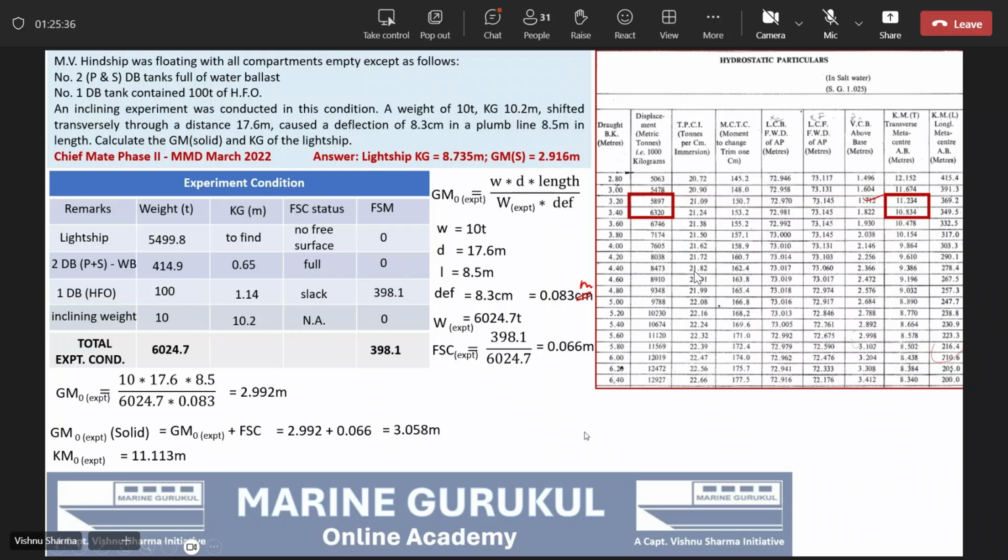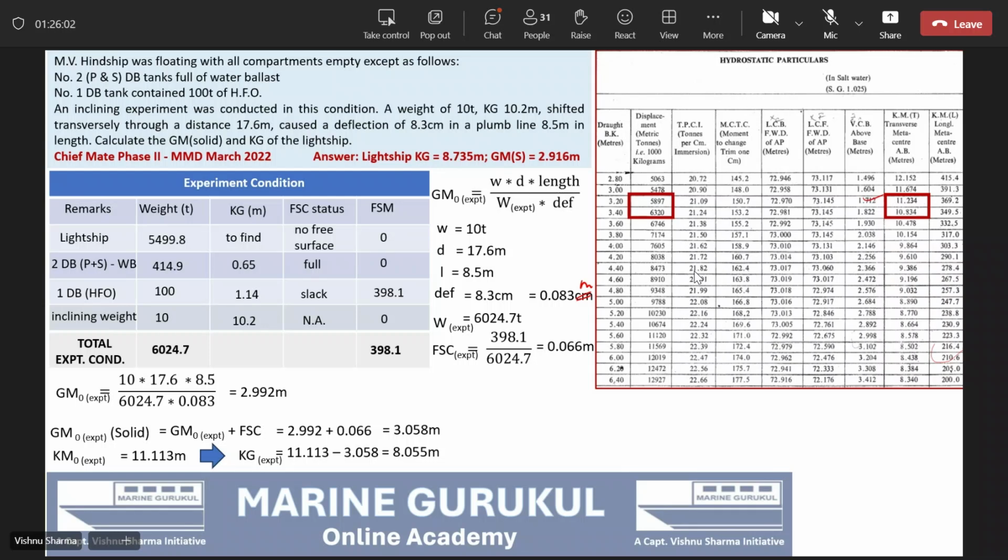Guys, have you got it? And this will lead us to KG of the ship, not in the light condition, but in the condition in which the experiment was performed. So KG in the experiment condition will be 11.113 minus 3.058. This will be equal to 8.055 meters.